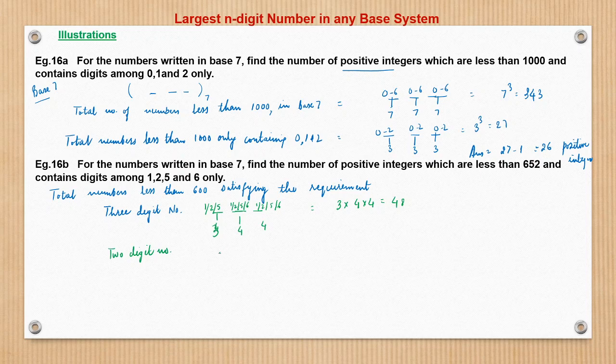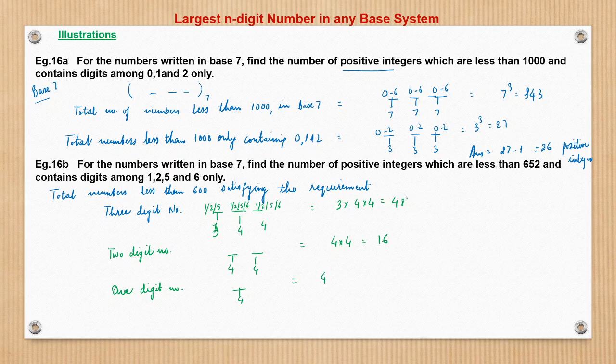Then we check 2-digit numbers. It can take any digit, so 4 cases here and 4 cases here. So 4 times 4, 16. In the 3-digit case there were only 3 because we were checking for less than 600. And then 1-digit numbers, 4.